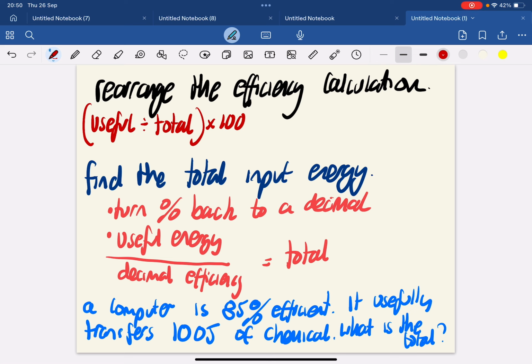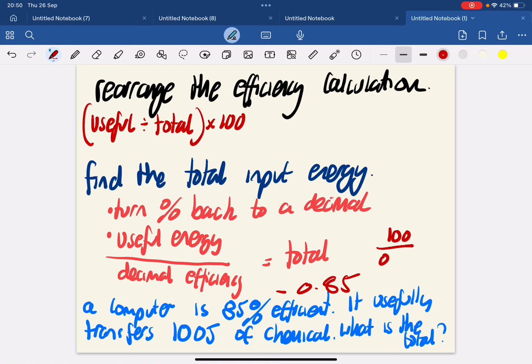So we want to look at our total energy. We've got our efficiency as a percentage, and we've got what it usefully transfers. So if it's 85% efficient, that as a decimal is going to be 0.85.